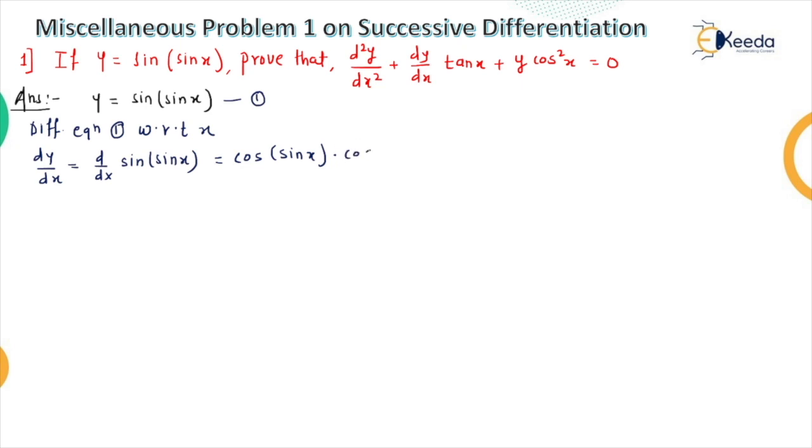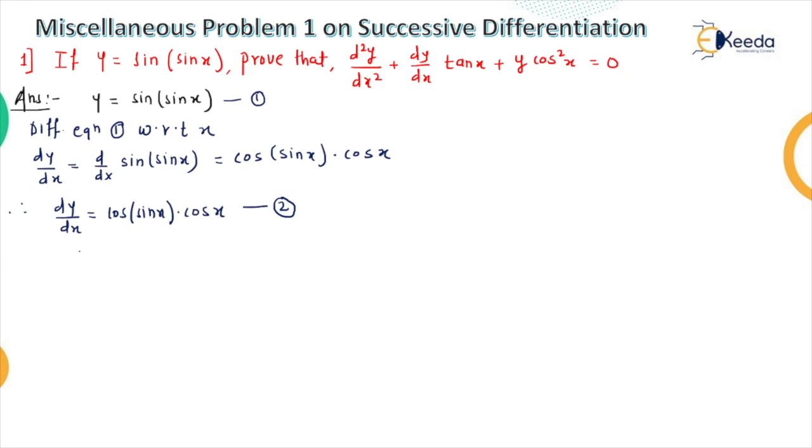Therefore dy by dx is equal to cos of sine x into cos x. For reference, this is equation number 2.